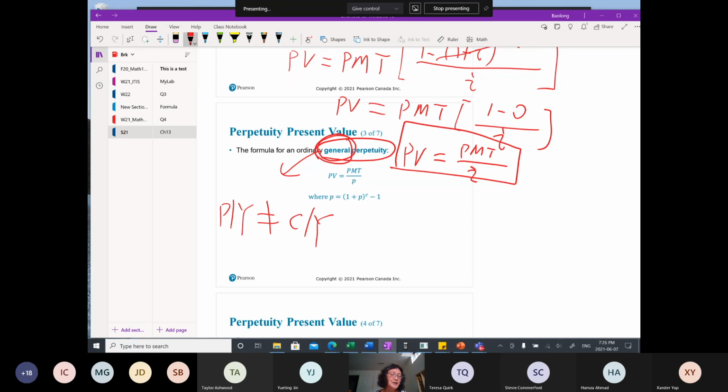Number of payments per year not equal to number of interest conversion periods per year. That is general. When PY is not equal to CY, remember, what do you need to calculate first?